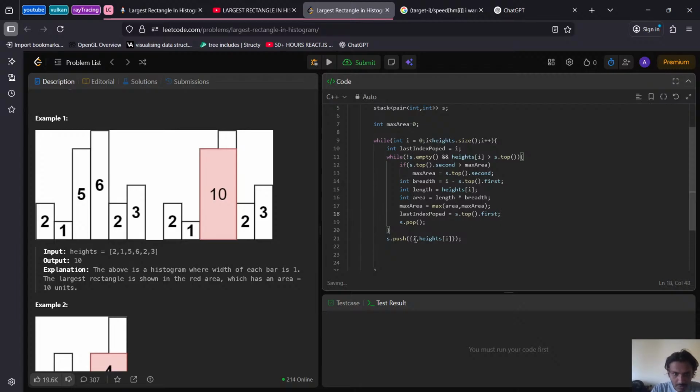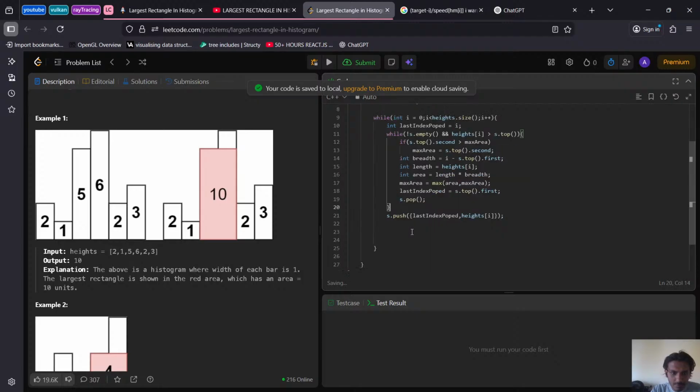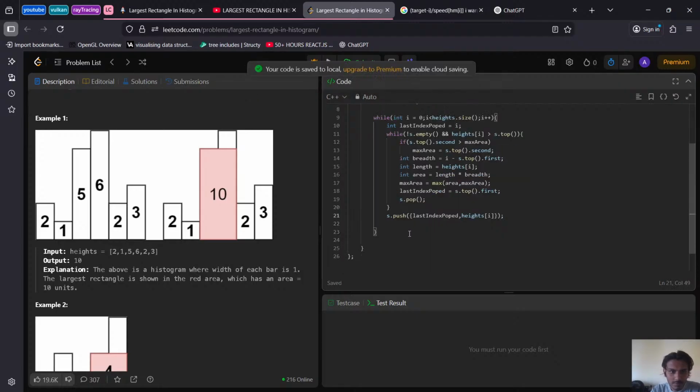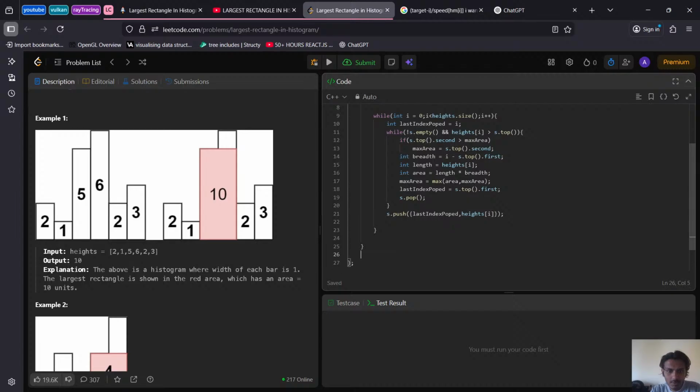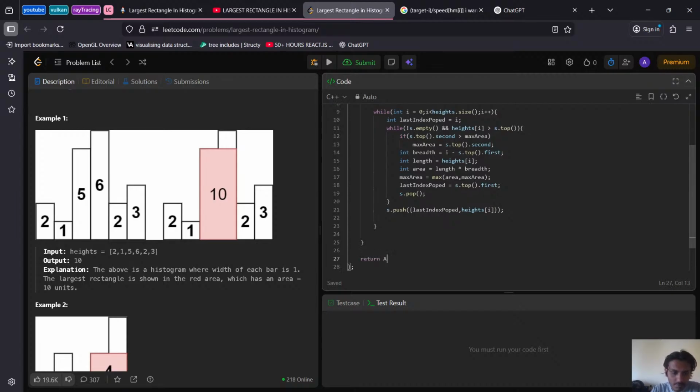Keep on doing this and we'll get the last index. So now we have all of these elements. Max area.